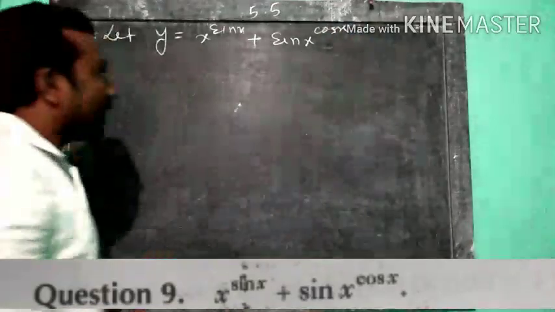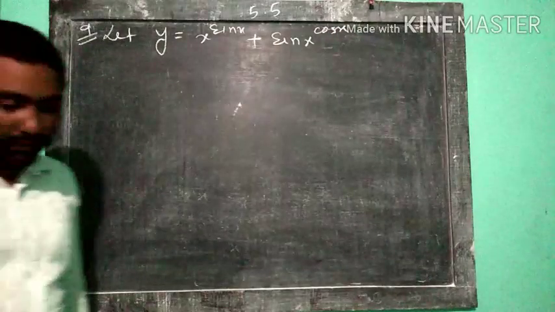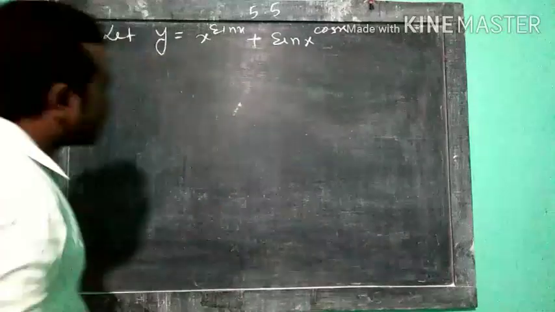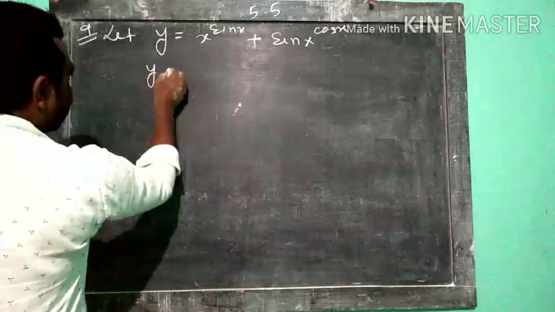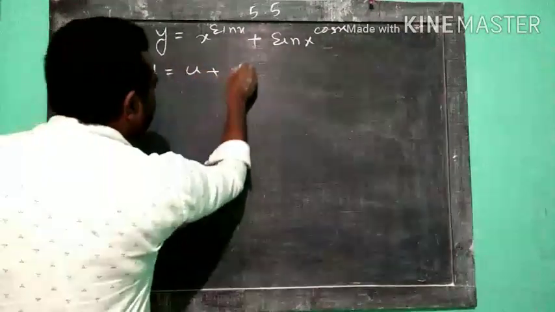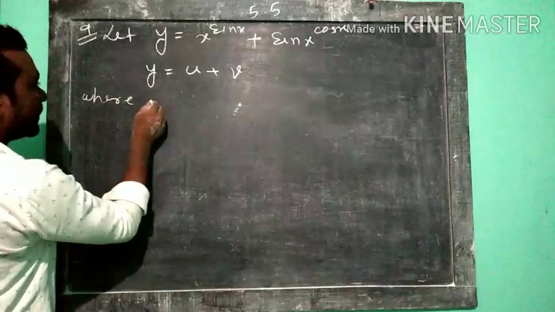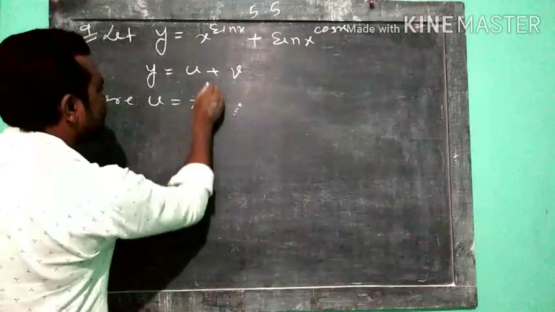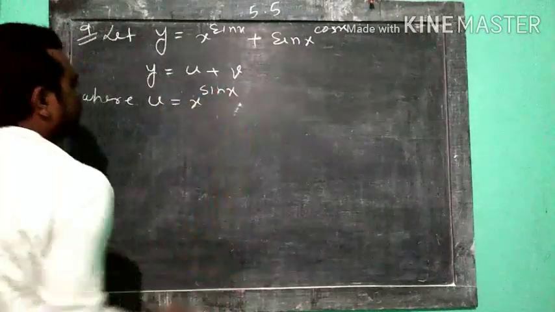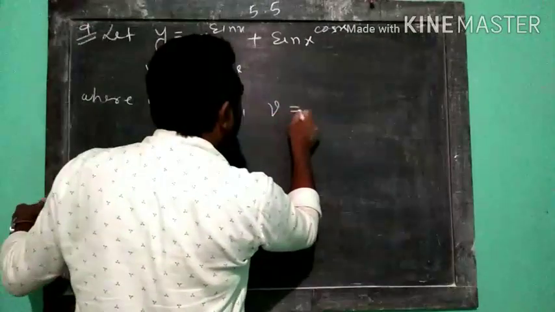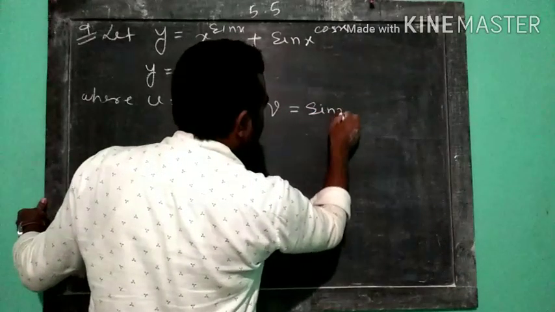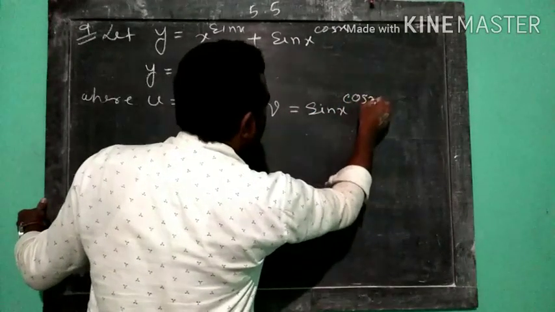This is y. Okay, so how to solve this? So this is equal to u plus v, where u equals x to the power sin x and v equals sin x to the power cos of x.